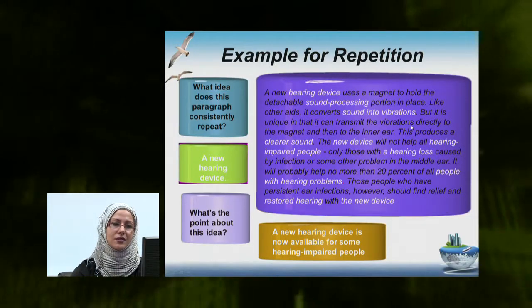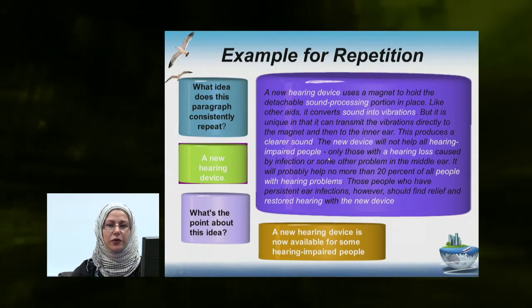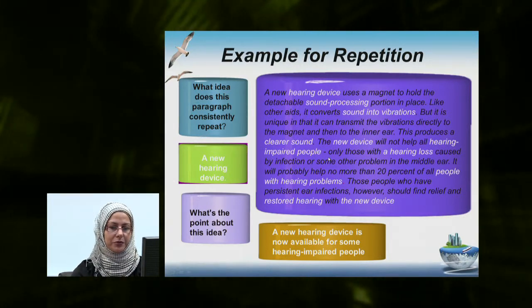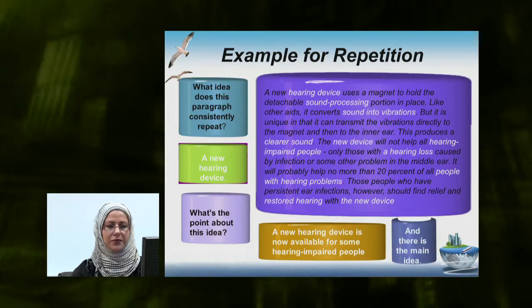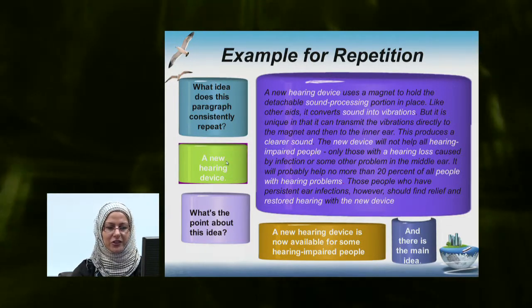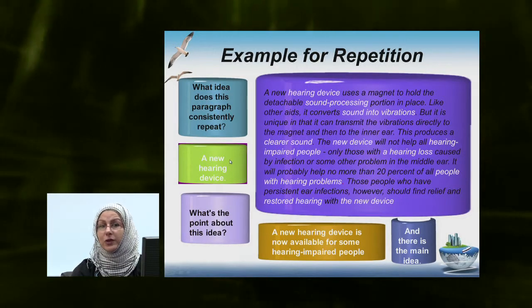A new hearing device has been repeated, but also notice that some hearing impaired people, these words have also been repeated more than once. So if you focus on repetition in this listening, you'll easily get the main idea. And there is the main idea. A new hearing device is now available for some hearing impaired people.